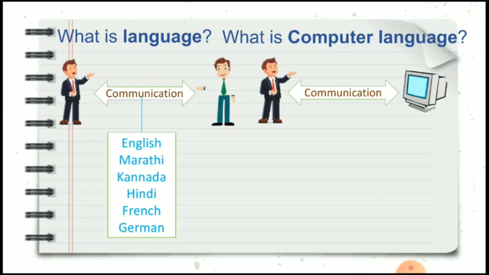There are a number of computer languages available to communicate with the computer, such as C, C++, Java, Python, .NET, etc. So the main objective to learn computer language is to communicate with the computer or any electronic machine.